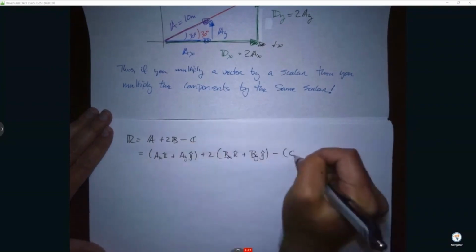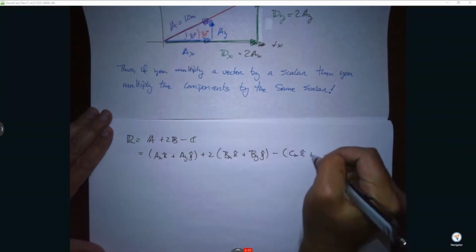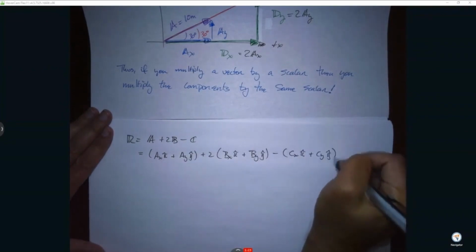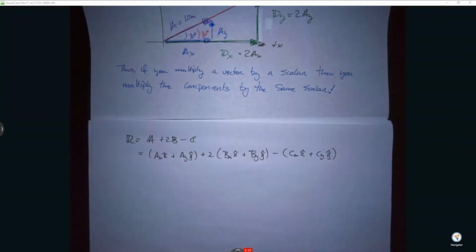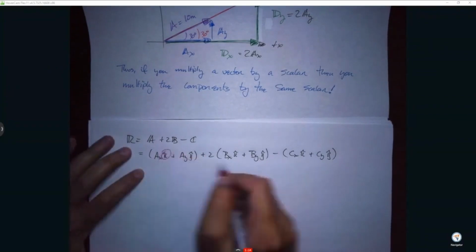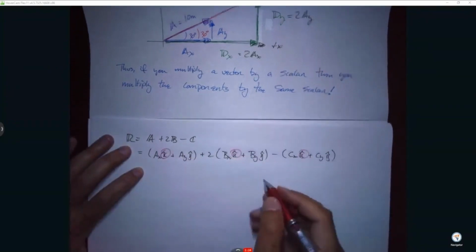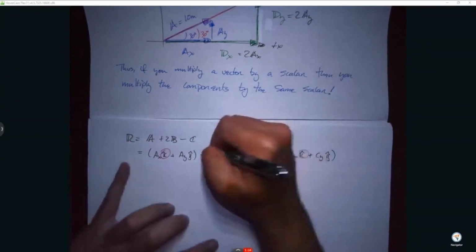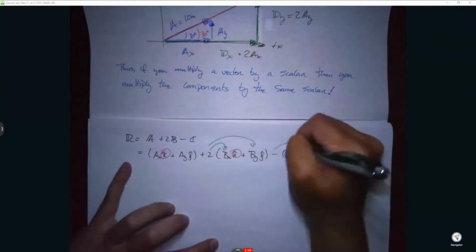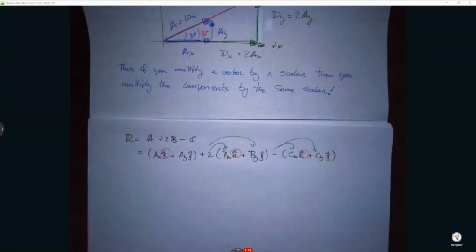And I'm going to subtract off C, and C would be Cx in the i hat plus Cy in the j hat. And then again, we'll go in and collect up all the i hat terms. We do need to be careful to make sure that we distribute through all of our pieces.